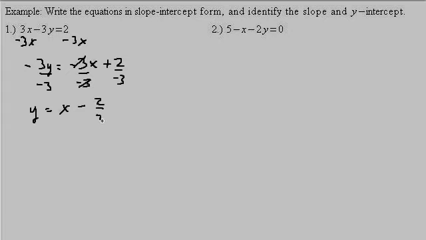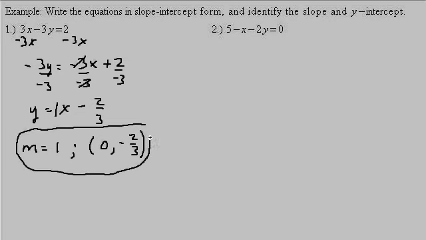So my slope is 1, because it's understood to be a 1 in front of the x, and my y-intercept is the point (0, -2/3). So there's the answer for the first problem.